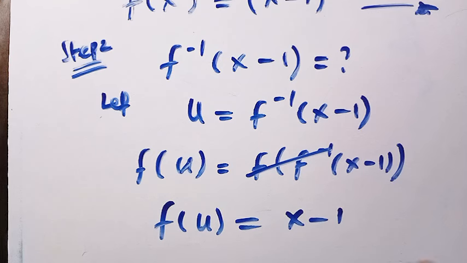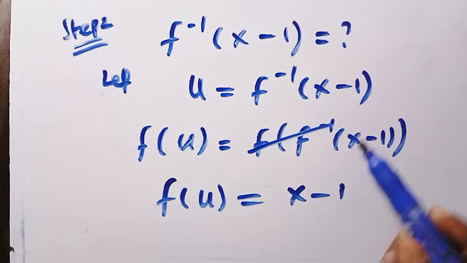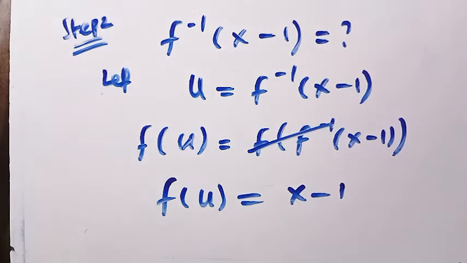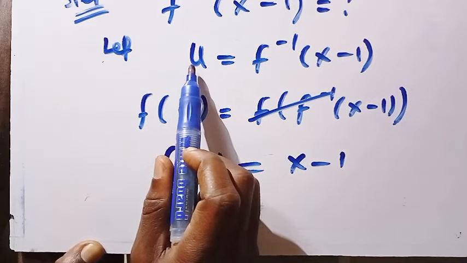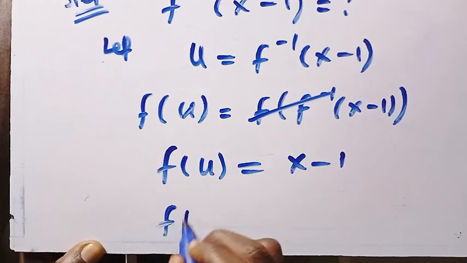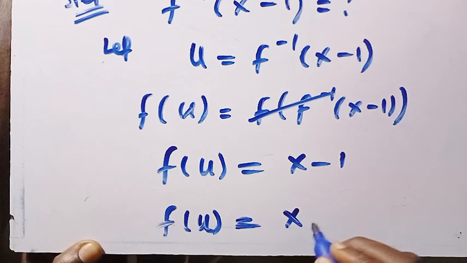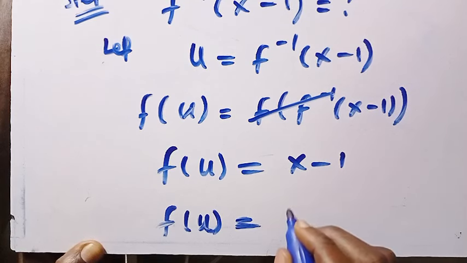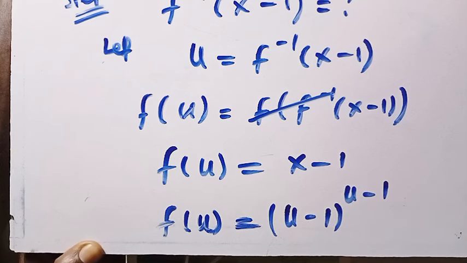So if f of u equals x minus 1, then coming back to f inverse of x minus 1, introducing the function f at this stage, we have f of u equals (u minus 1) raised to the power of u minus 1.